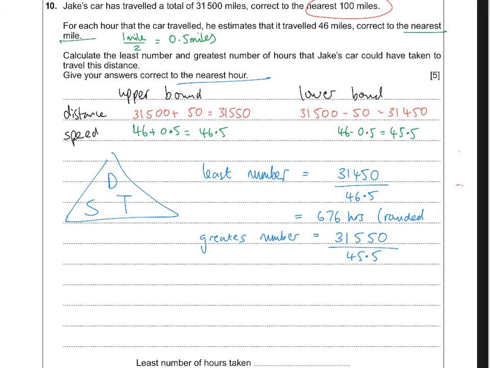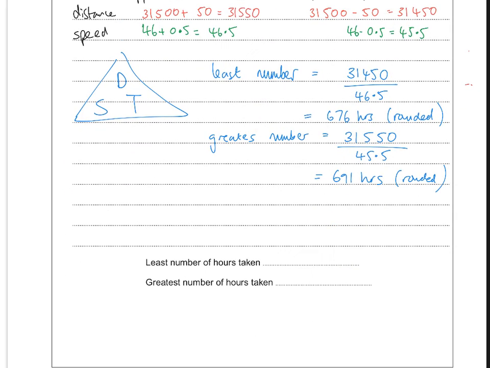Again, that is a number I've rounded. So 691 hours rounded. Okay, and there we go. So my number of hours taken for the least would be 676, and my greatest number would be 691.